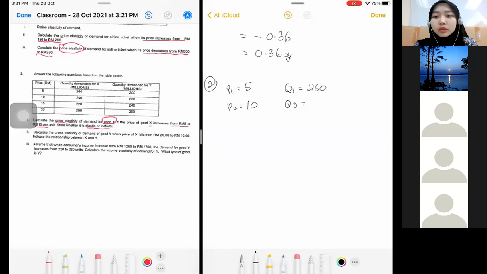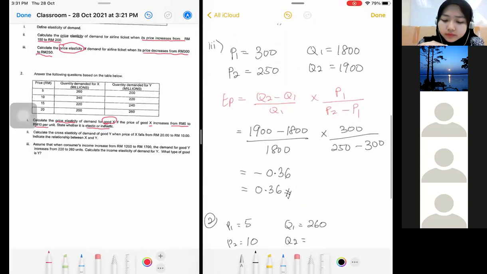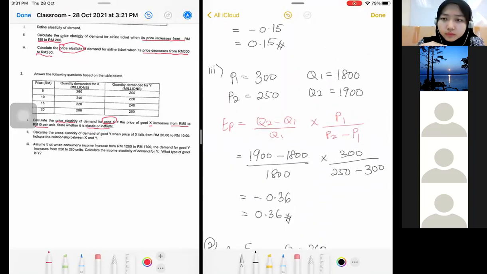Yep. You have any question? Can you please spare me some minutes for the previous question you just finished, this 0.36? Because when I try to calculate the previous question, this one, I could not get that minus 0.36. Here you have 1,900 minus 1,800, which gives us 100. Then that 100 times 300 gives us 30,000.